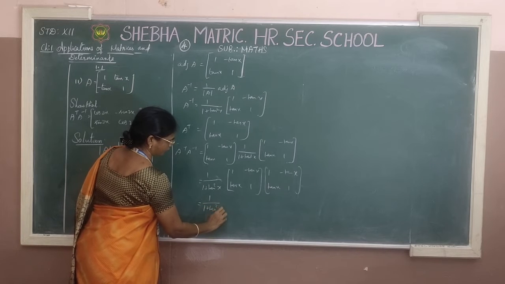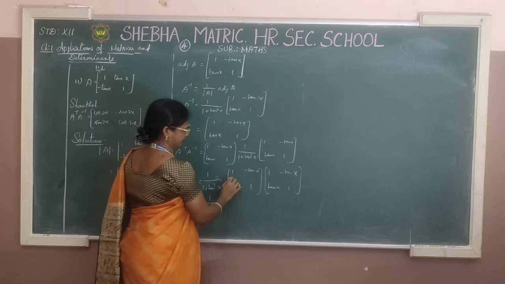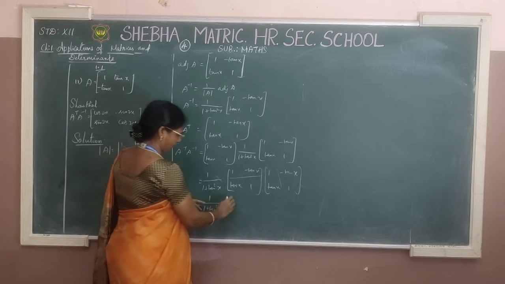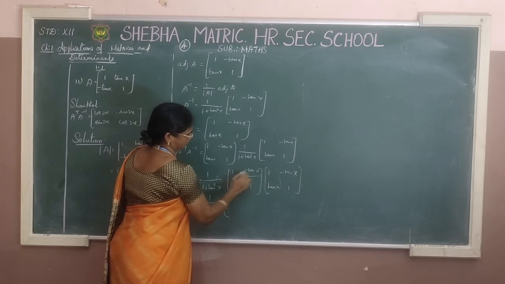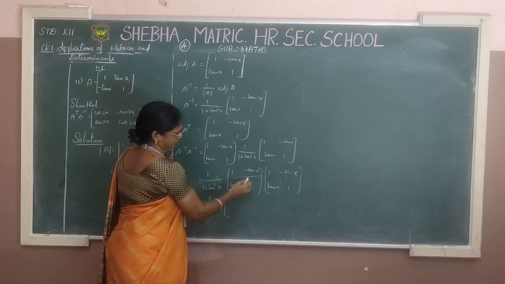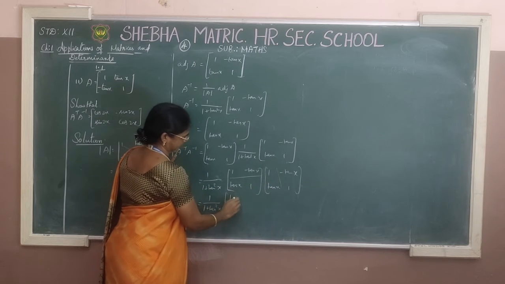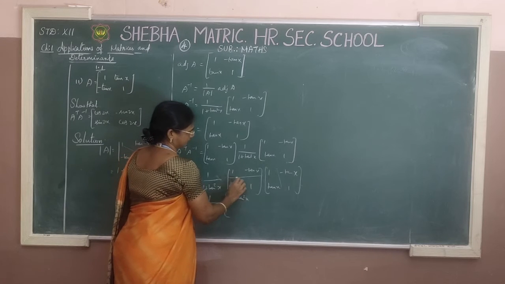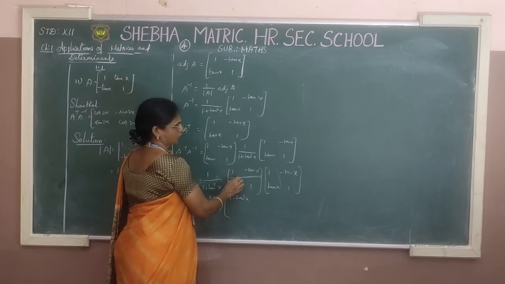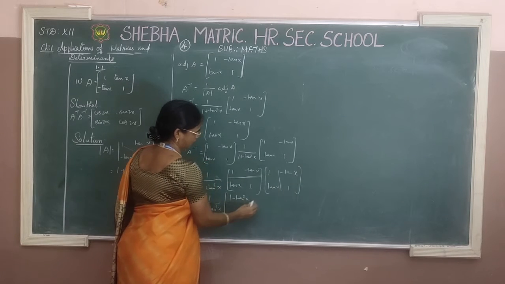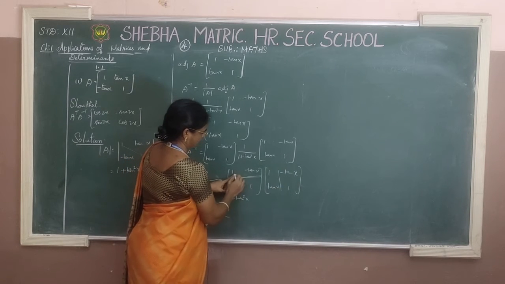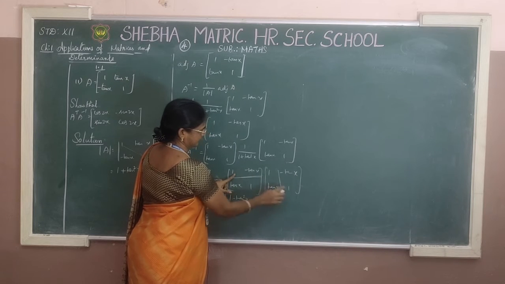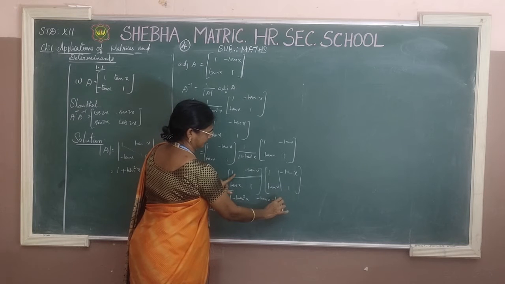We know very well how to multiply matrices. First take the first row and the first column of the second matrix. Multiply the corresponding elements: 1 into 1 is 1, and minus tan x into tan x is minus tan square x. Next, with the same row, consider the next column. Multiply these two: 1 into minus tan x and minus tan x into 1 is minus tan x.